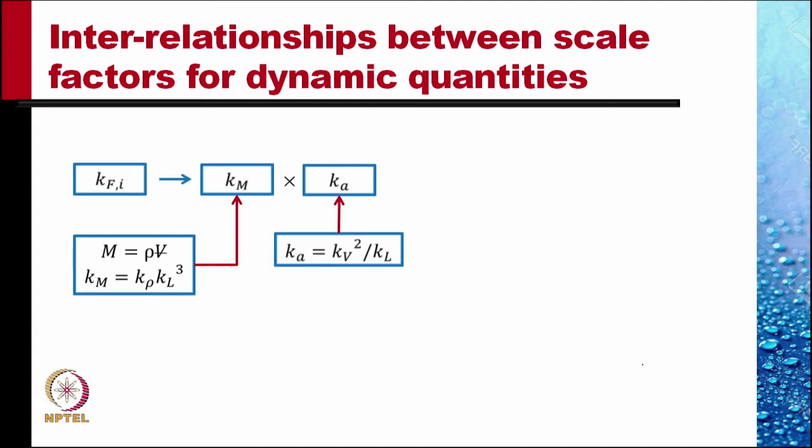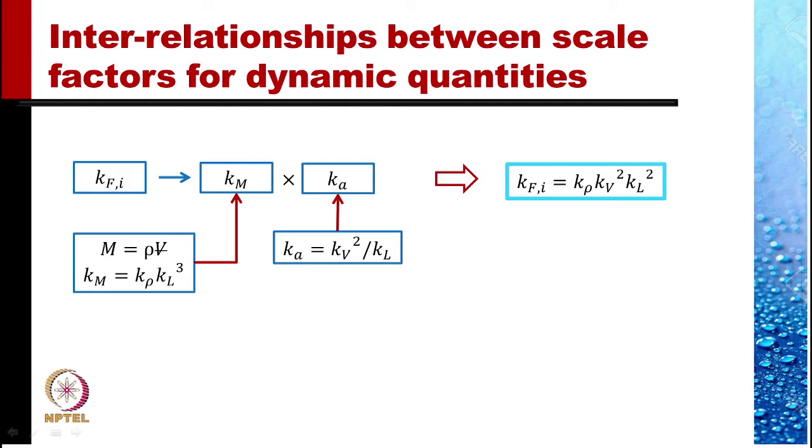Recall from Euler acceleration formula, the convective acceleration was v dv by ds. v is scaled by Kv, dv by ds is scaled by Kv divided by Kl. So that K acceleration becomes Kv square divided by Kl.